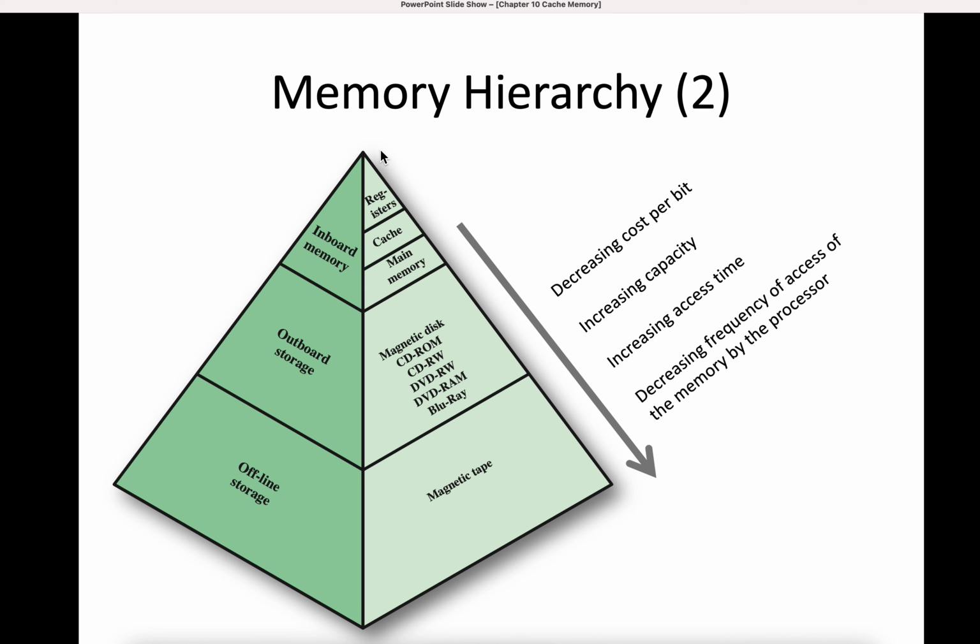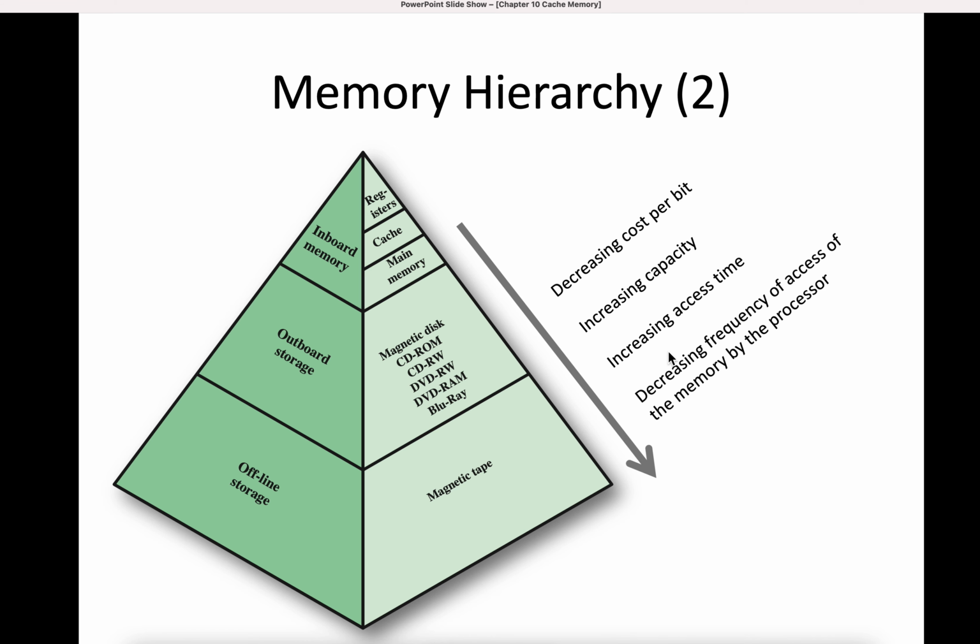As the hierarchy moves down, the cost per bit will decrease, the capacity will increase, and the access time also increases, and the frequency of access by the processor will decrease.